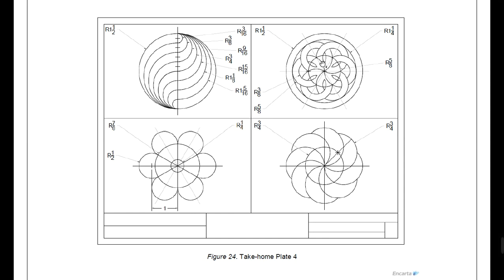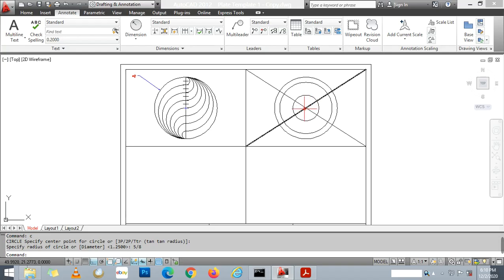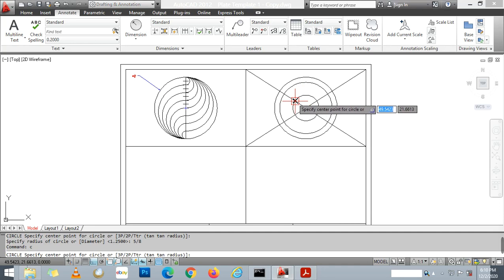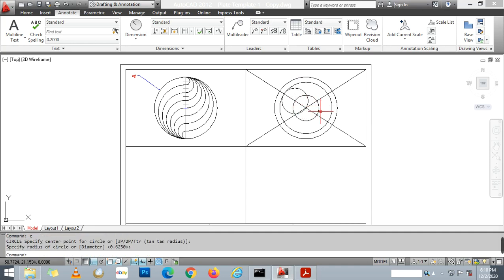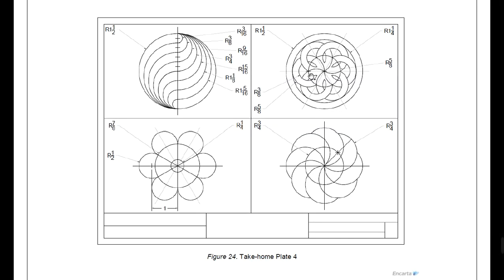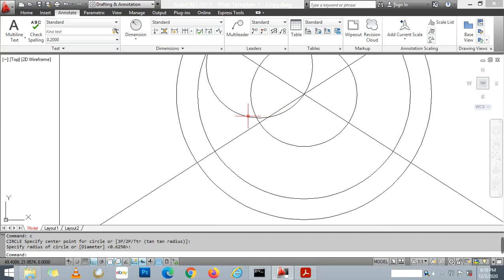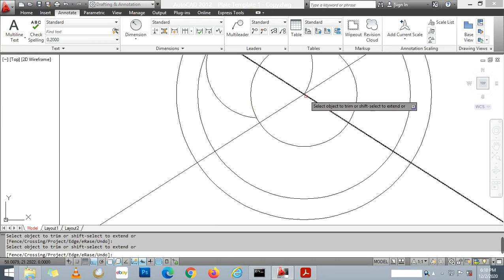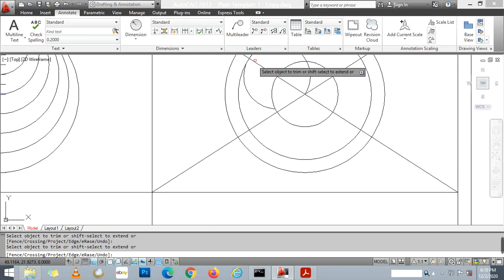And yung center niya is nandito sa circumference ng circle. So dito, 3/8. Yan. Then, hanggang dito lang siya. See, you need to draw the arc from this point going to this point.